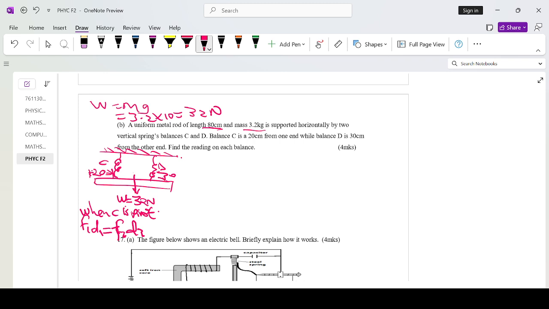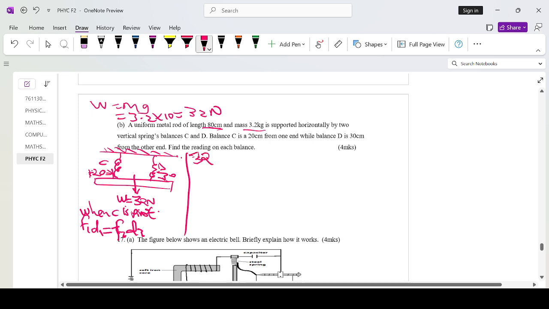And because now C is our pivot, if I make F1 to be this weight, the weight is 32. You multiply by the distance. Remember it is 40 because weight acts at the center. So if from here to here is 20, from here to here also will be 20.